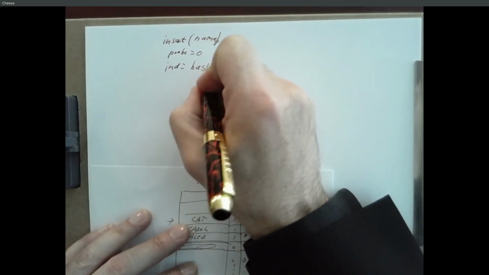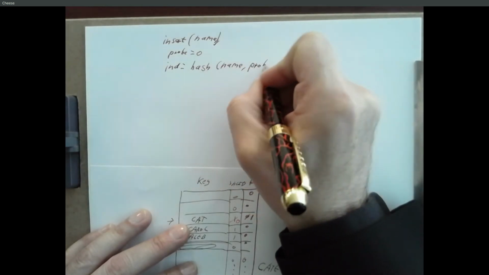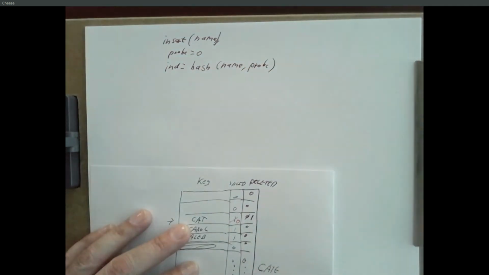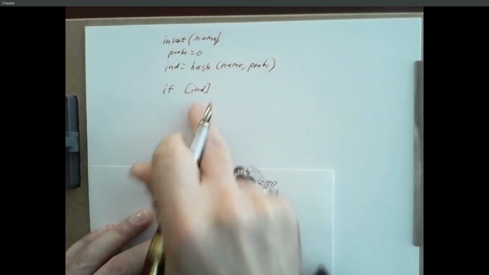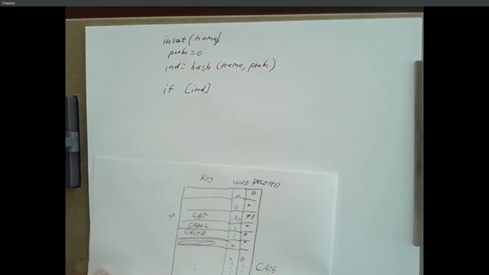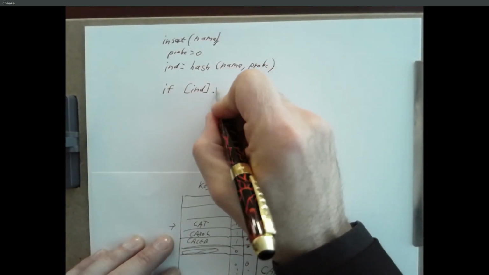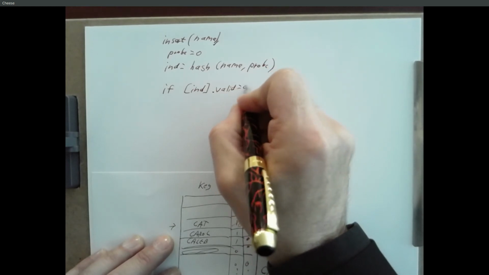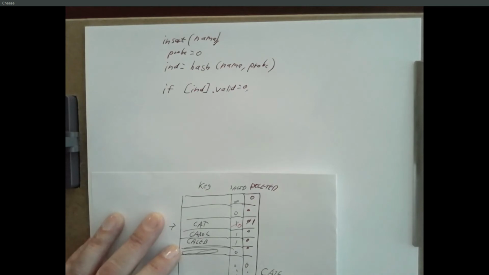I'm going to hash my name with that probe. And I'm going to say if that entry in my hash table, whatever you call your hash table array, if that entry in my hash table, valid, equals 0, that spot's available.